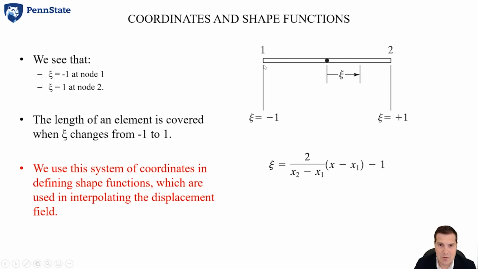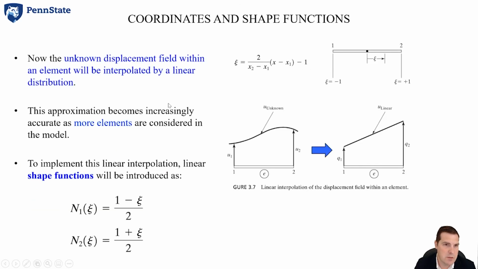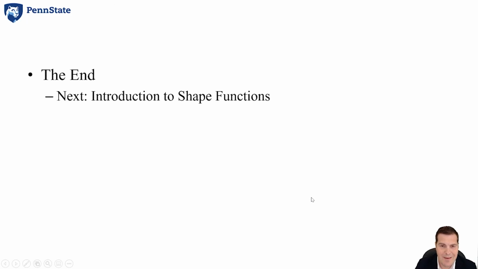We know exactly what the displacements are, or we have approximations through the solving process of the finite elements, at the nodes. We don't know those predictions for inside the element, in this region. And so we need some tool, some approach to tell us, using these known displacements, what the displacement value is everywhere else. So that's why we use these. And we'll learn about this in the next video.